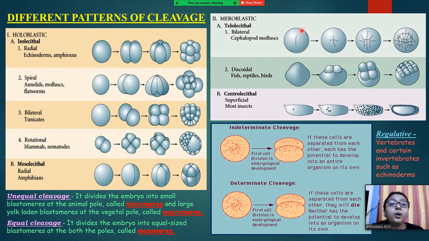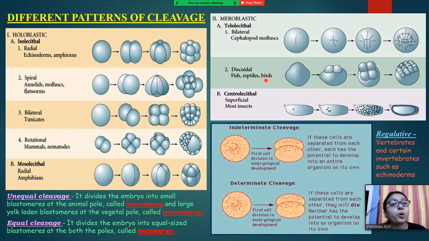One cleavage plane will go like this, the other will go like this, and successive planes will form cells which are almost equal or mirror images of each other, but the cleavage will be restricted to this portion. The rest of the egg will have the majority of the yolk, and the cell division will not occur over there.